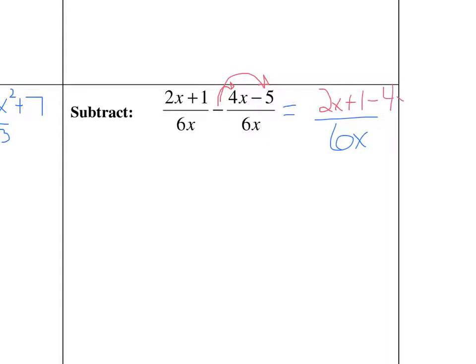So negative 4x plus 5, and now we have to look for the like terms. So 2x and negative 4x are like terms, and that makes negative 2x. Positive 1 and positive 5 makes positive 6 over 6x.